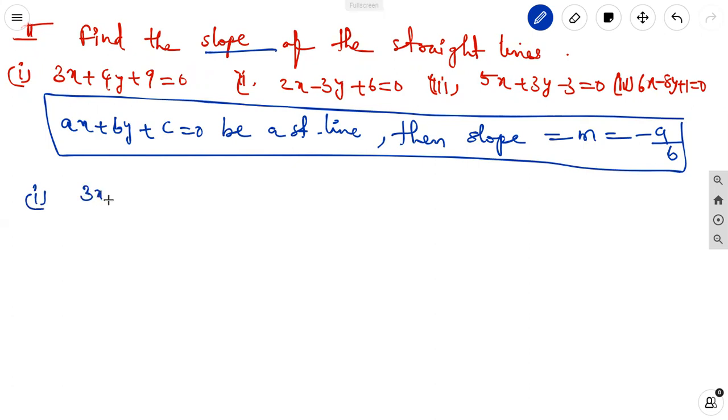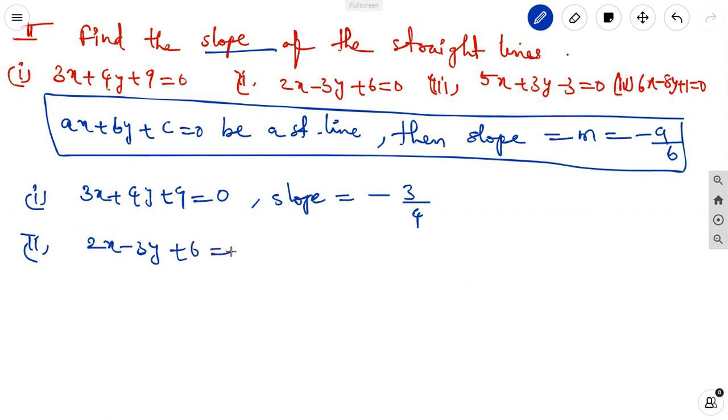The first one is 3x plus 4y plus 9 is equal to 0. In this, slope is equal to minus a by b, minus 3 by 4. Second one is 2x minus 3y plus 6 equal to 0. Slope is denoted by small m, that is equal to minus a by b, a is 2, b is minus 3. So minus minus cancel, 2 by 3.